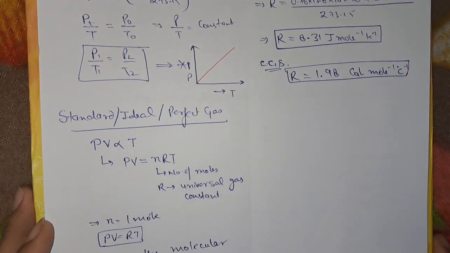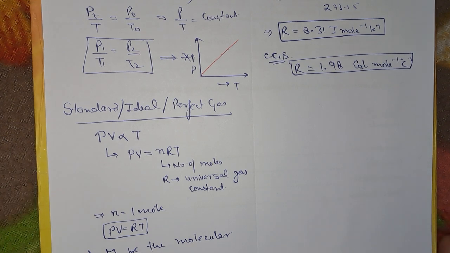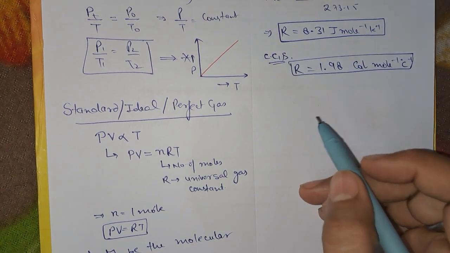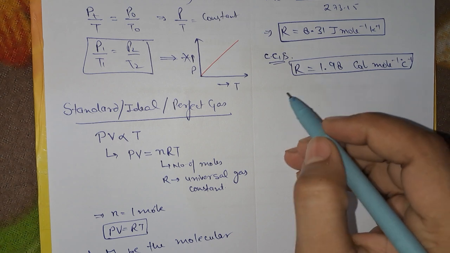Now we will plot a graph between the parameters of an ideal gas and a normal gas.